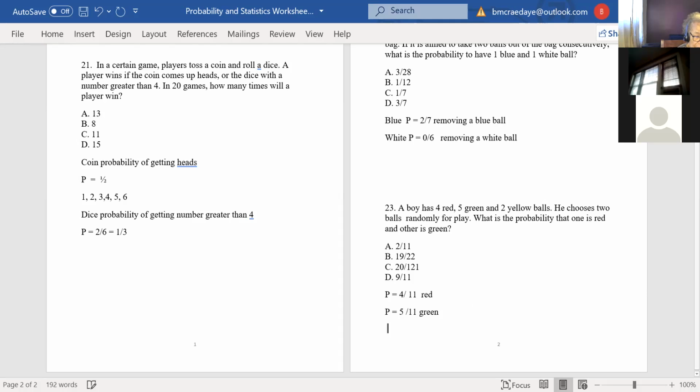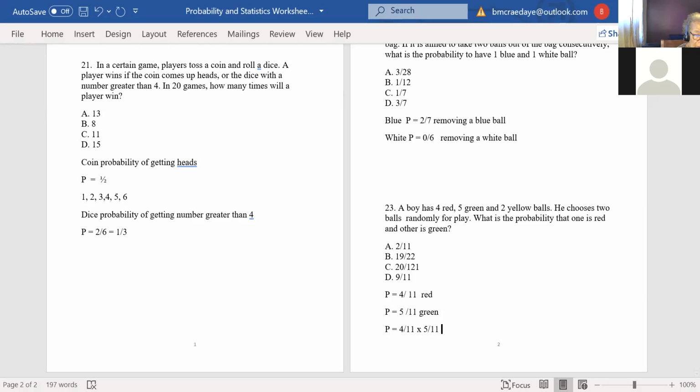So this one would be probability equals 4/11 times 5/11. And that equals 20/121, not 10, 20. So that would be answer C.